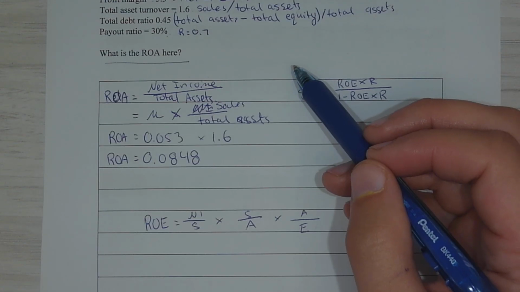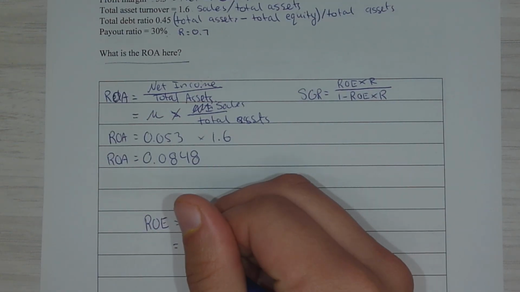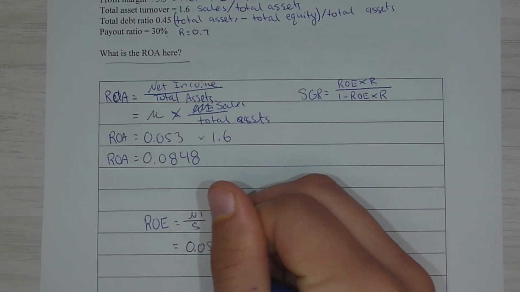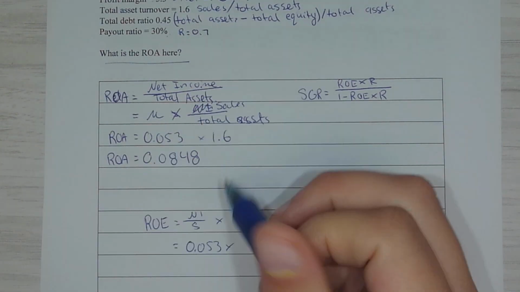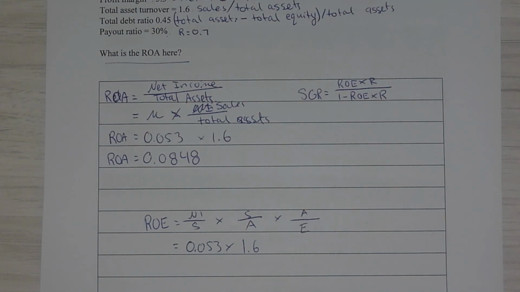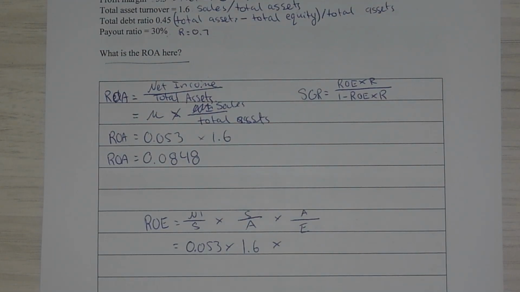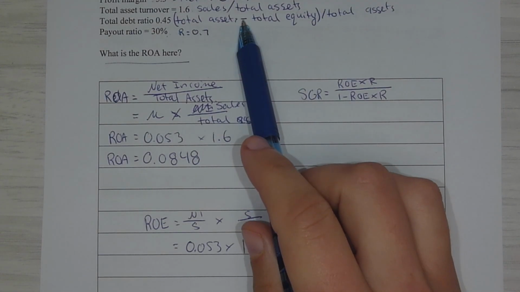So we have 0.053 times 1.6, and now we need to figure out our assets over equity, because that is not given. We don't have assets over equity.